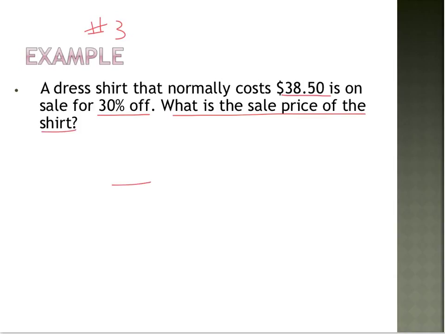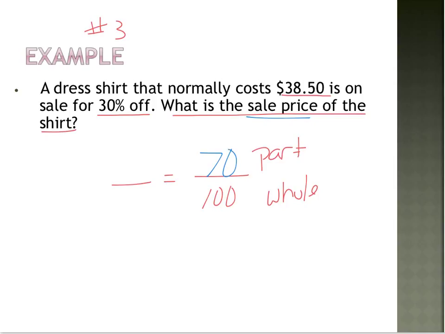Well, we'll set up a proportion. And again, we're going to do part over whole. And our whole is always 100%. Now, do we know the percentage here? Well, we know we want 30% off. But the question that's being asked is, what is the sale price? And that's what we really want, is that sale price. Well, that sale price is 70% of the whole.